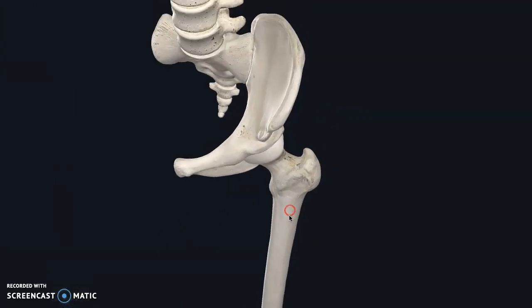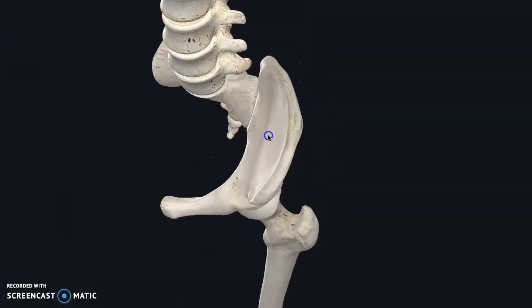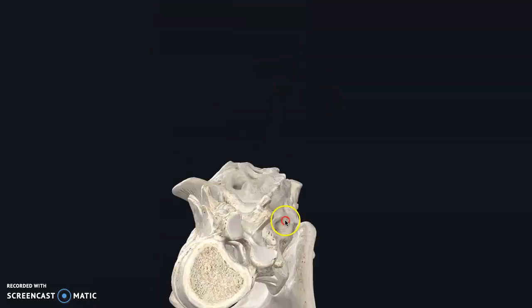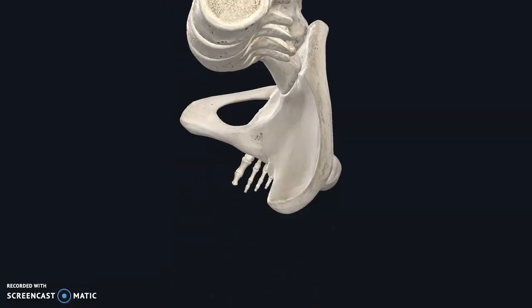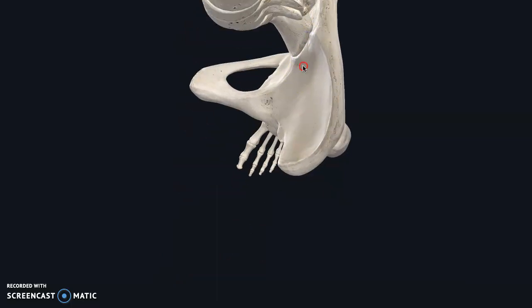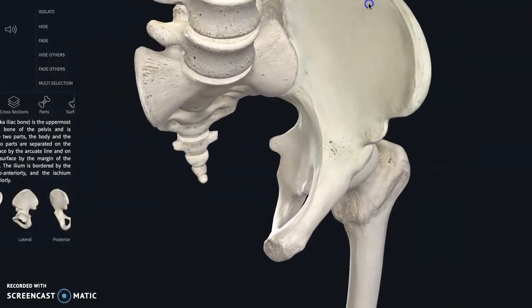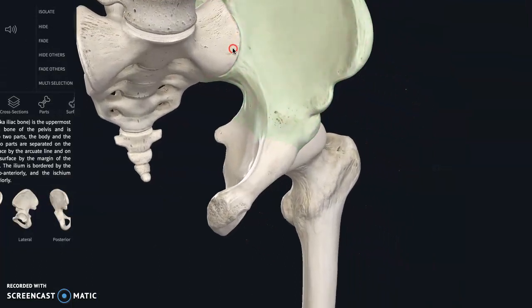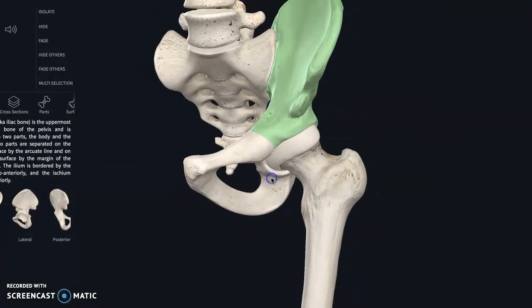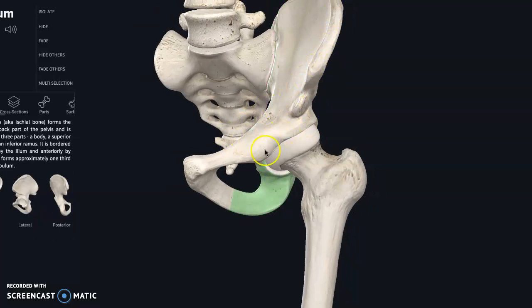Can you name this joint? You guys are going to have to get creative in naming the joint because you don't know the specific names of these bones here. You do know this name. This is the pelvis. So you would call this right now, with your terminology that you know, the pelvofemoral joint.